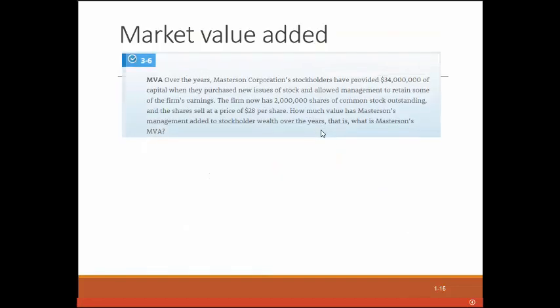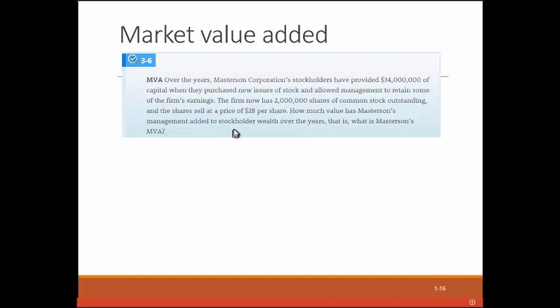So here is an example of how to calculate market value added. This is from problem 3.6 at the end of the chapter. So here you have the Masterson Corporation that has provided $34 million of capital when they purchased new issues of stock and allowed management to retain some of the earnings. The firm now has 2 million shares of common stock outstanding, and the shares sell for a price of $28.